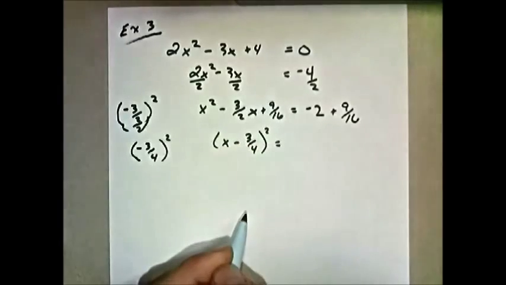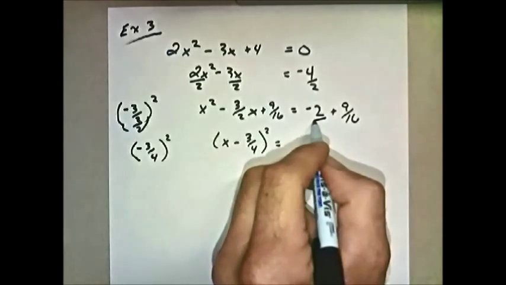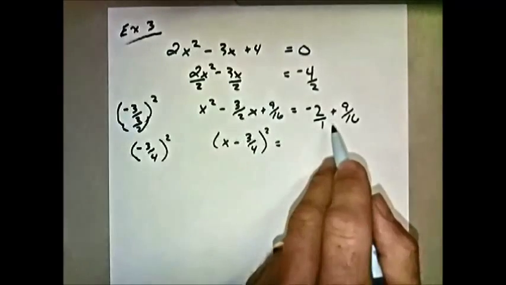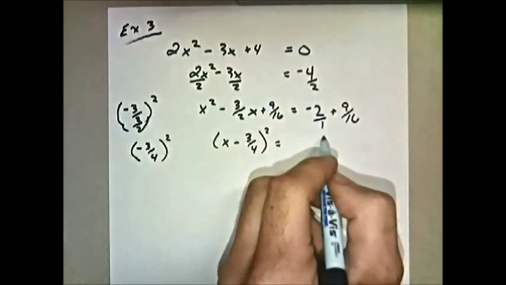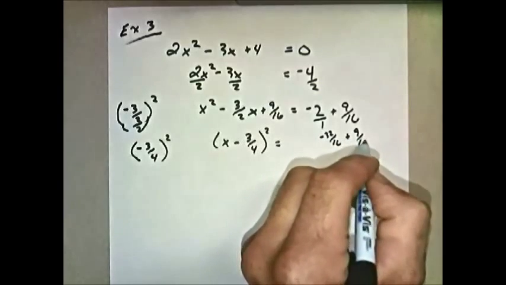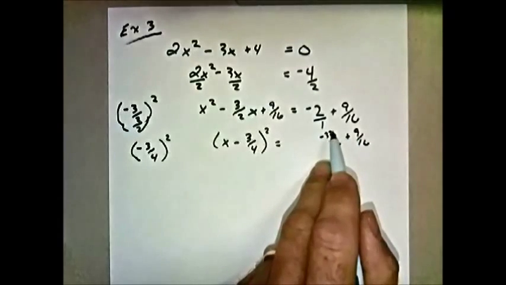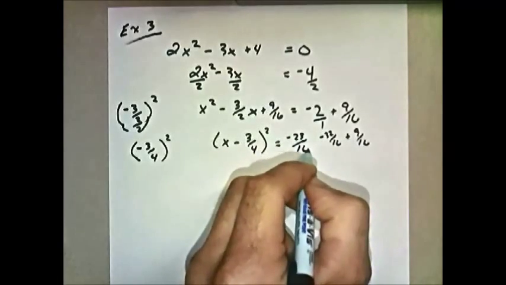And we're going to set that equal to, here our common denominator, we make negative 2 over 1. So we get a common denominator of 16. So this is negative 32/16 plus 9/16. Negative 32 plus 9 is negative 23/16.